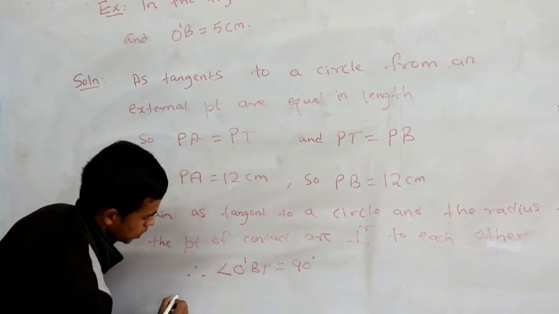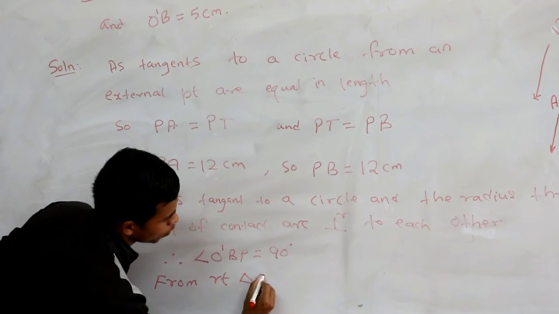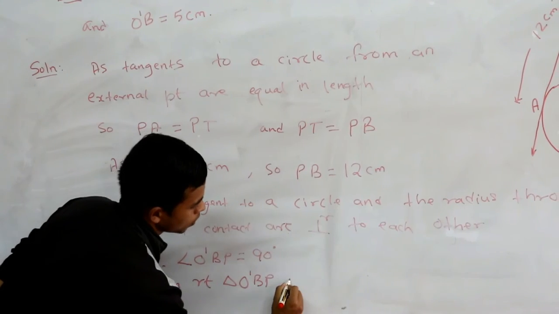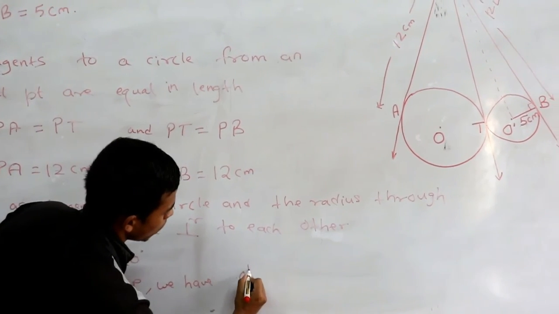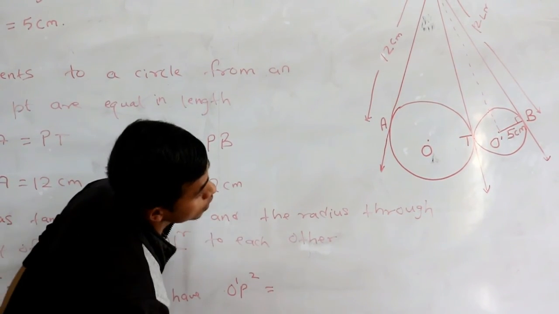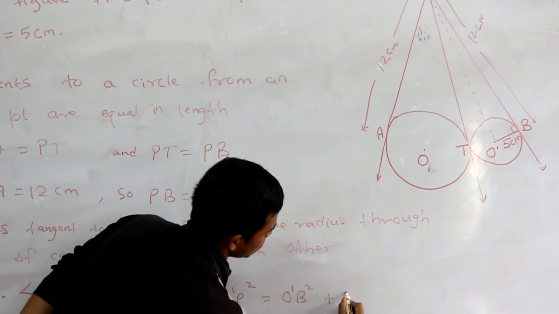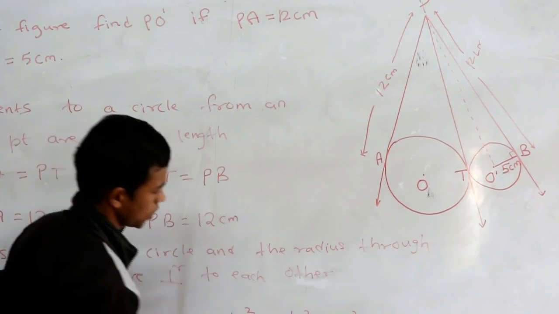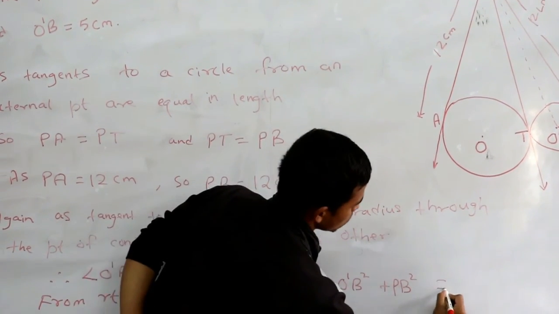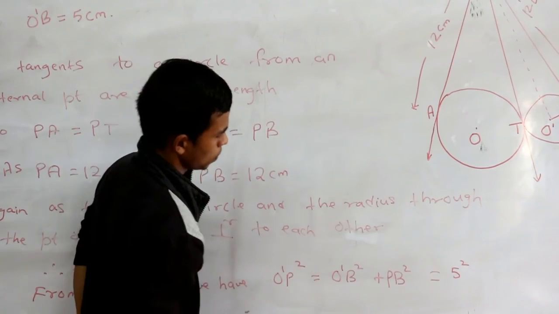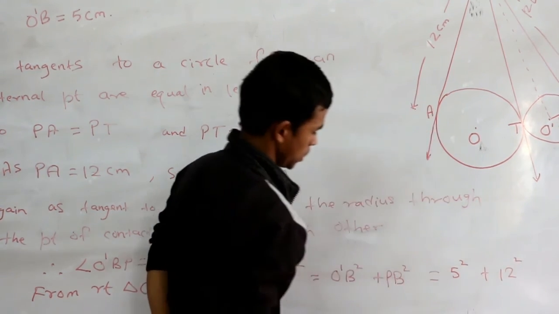So from right triangle O dash BP, by Pythagoras theorem, the square of the hypotenuse will be equal to the sum of the squares of the other two sides, O dash B square plus PB square. O dash B is given to be 5 centimeters, so this will be 5 square, and PB is 12 centimeters, so 12 square.